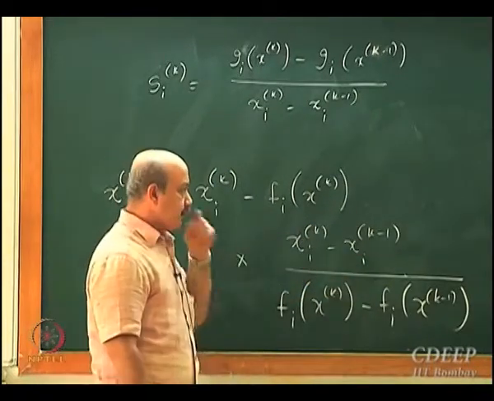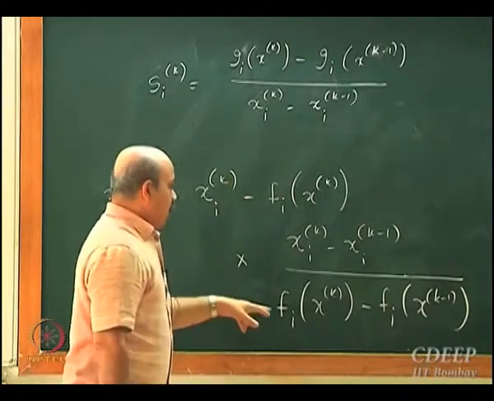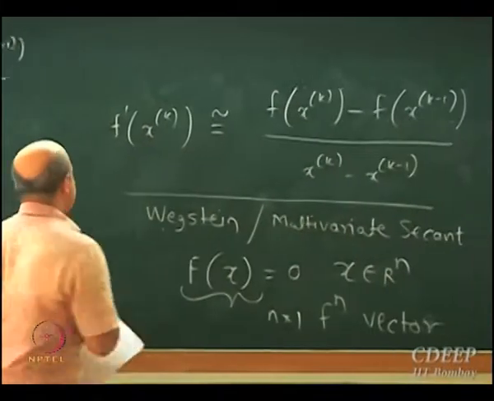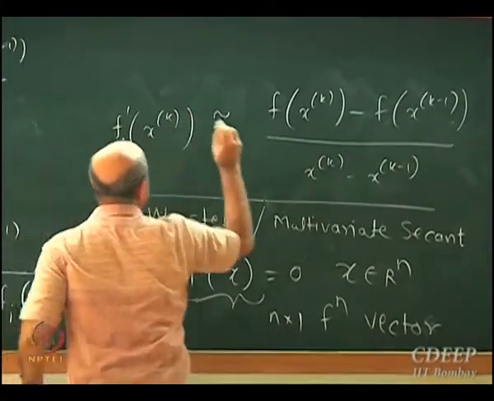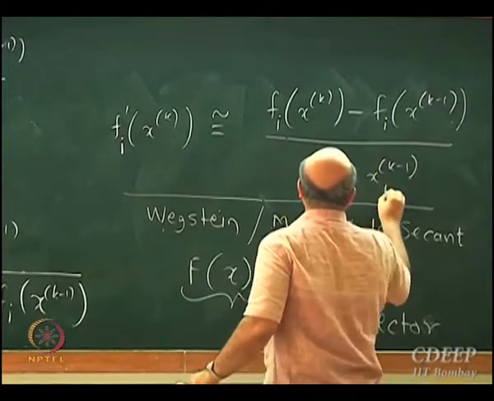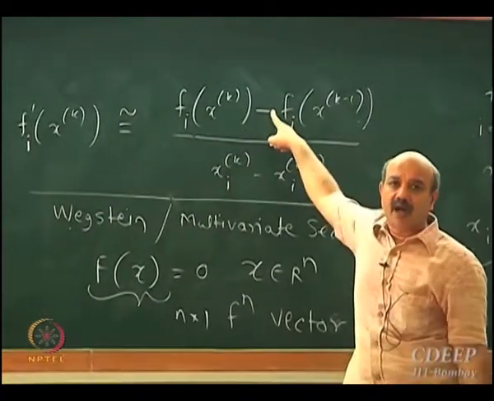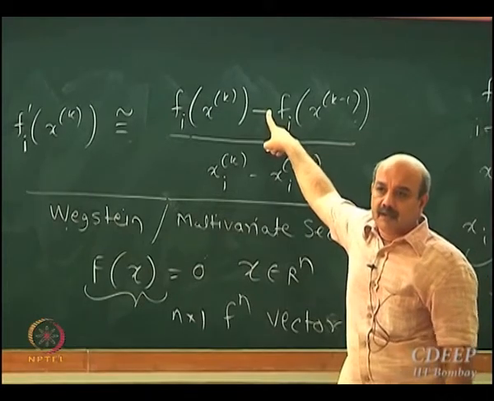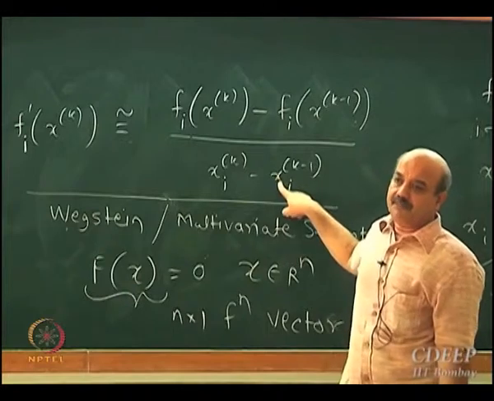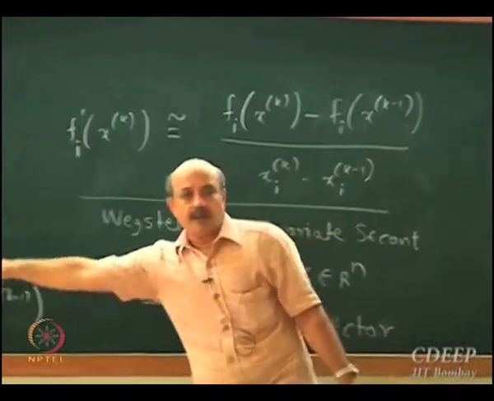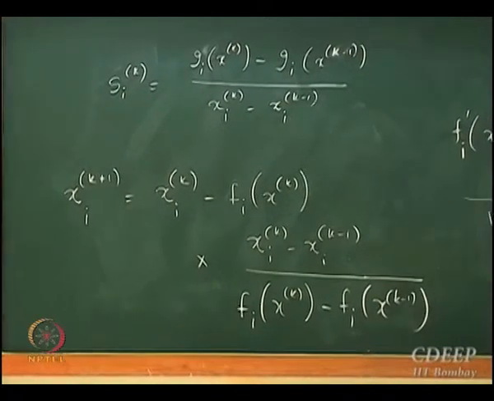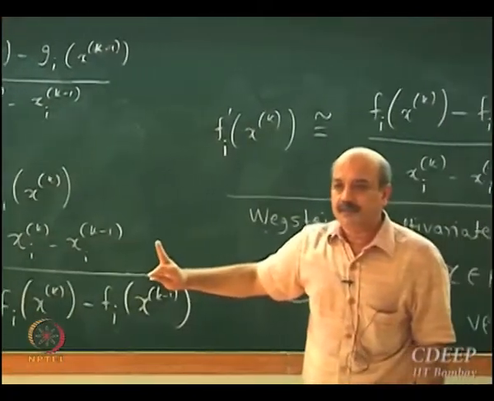So this derivative has been computed for the ith function with respect to the ith element in x, and that is how I am going to generate iterations. If you do this, this is nothing but the Wettstein method.